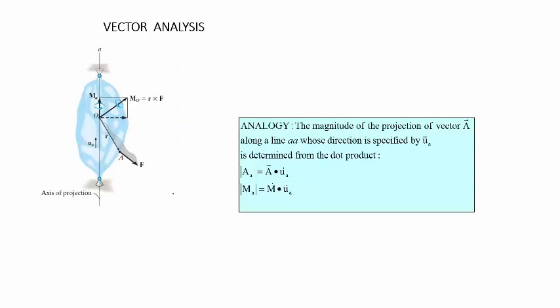And then once you have the moment of the force, then the same way that we looked at the magnitude of the force, like we had F_A was the same as F dot u_A. If you don't remember, go back to the third or fourth slide from this presentation. So the case for the moment is the same.